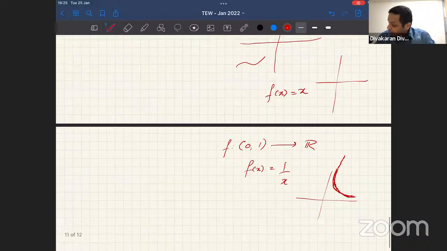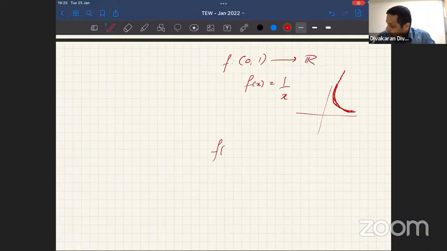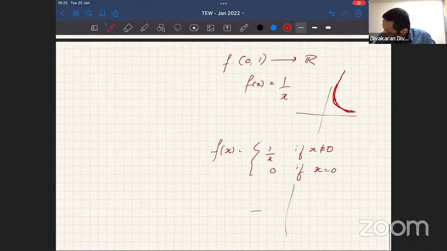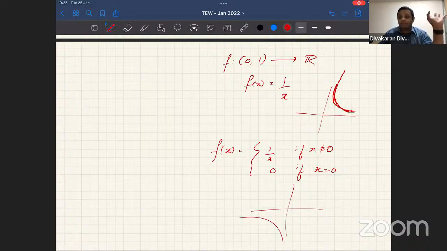Even if you take the more general function, f of x is equal to 1 by x if x is not equal to 0, and 0 if x is equal to 0, after no finite point am I forced to lift my pen. I can keep drawing till the end of time and I would still not have to lift my pen.